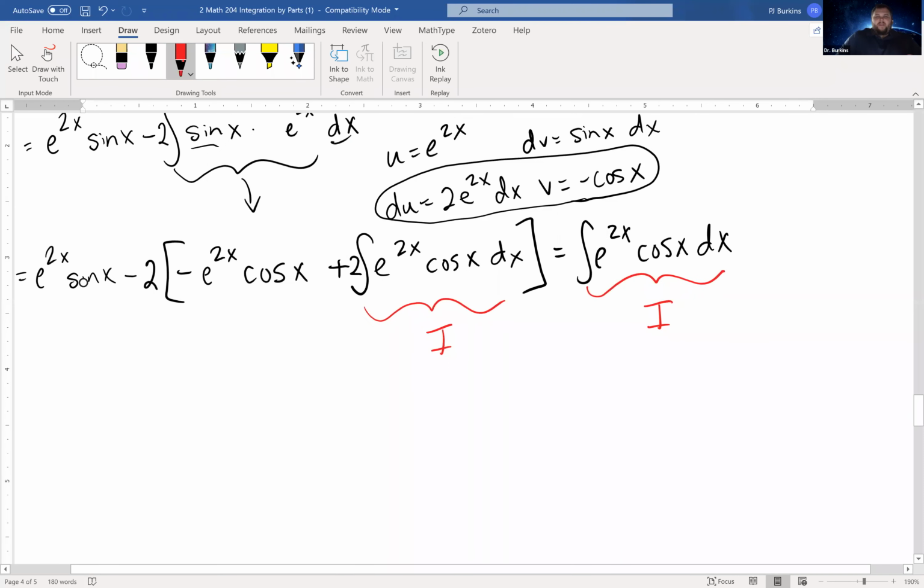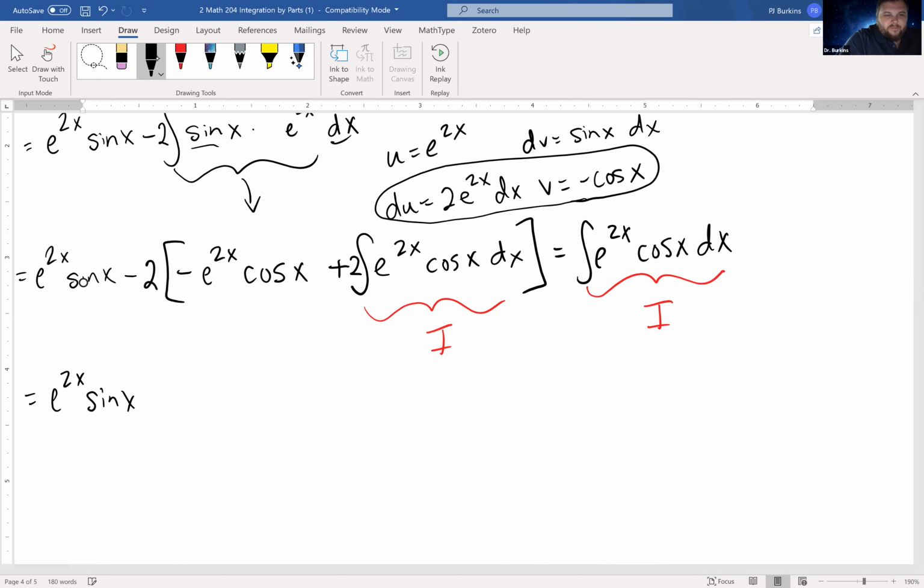So what do I have then if I rewrite this? Well, I've got e to the 2x sine x, plus 2e to the 2x cosine x, and then minus 4I equals I. I just distributed the 2 here, or negative 2.